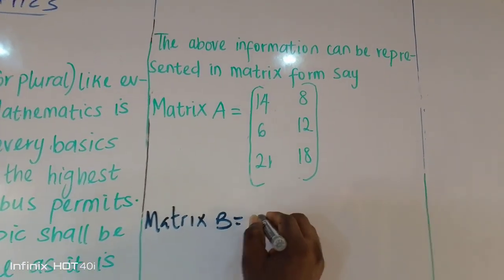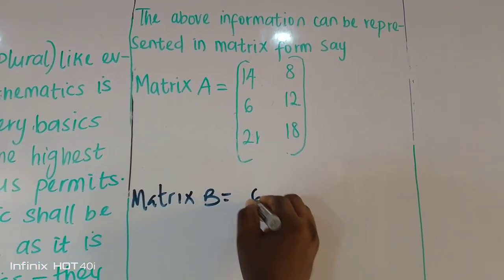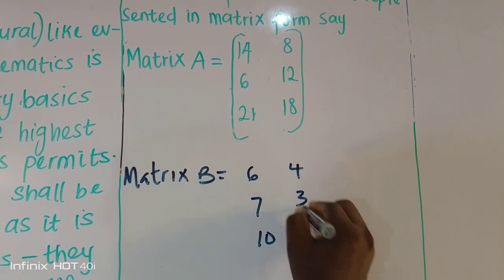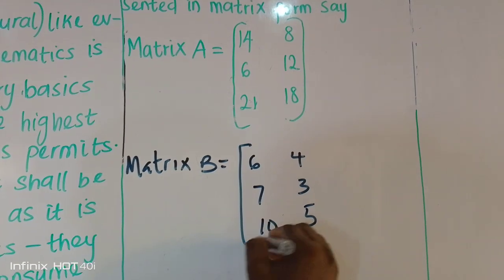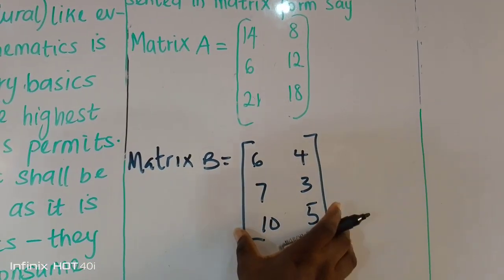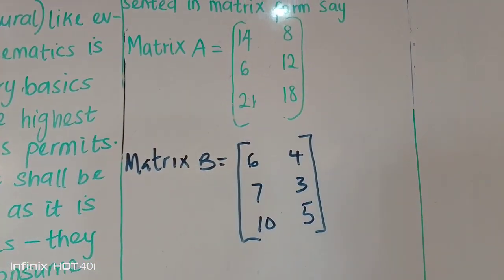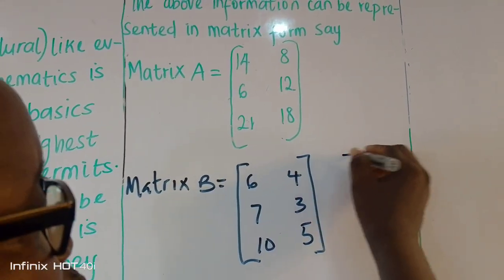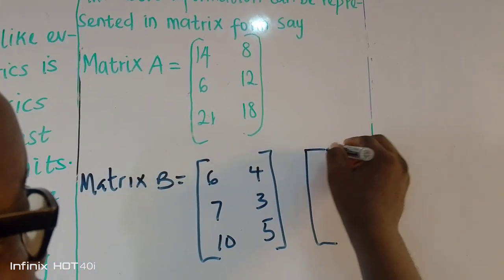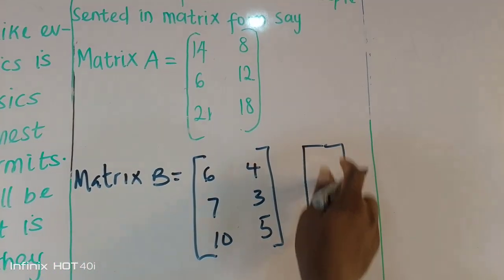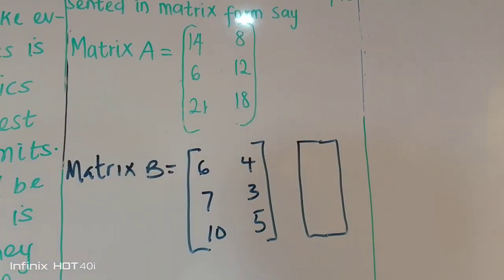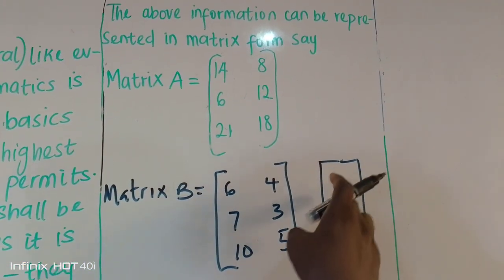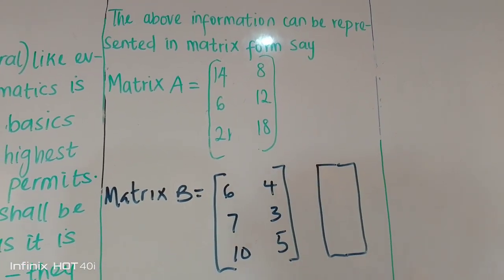So if I have it as 6, 7, 10, and 4, 3, 5, for instance, matrices are usually enclosed in brackets like this. If I bring out these brackets and join them together like this, it is a rectangle. That's why we say matrices are arrangement of arrays of numbers in such a way that they form a rectangular shape.